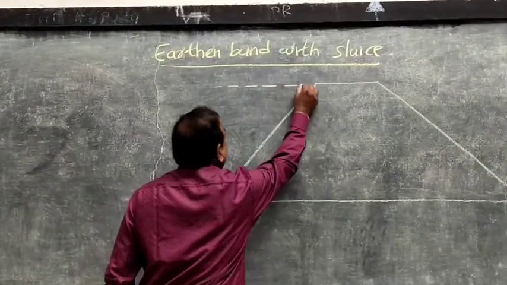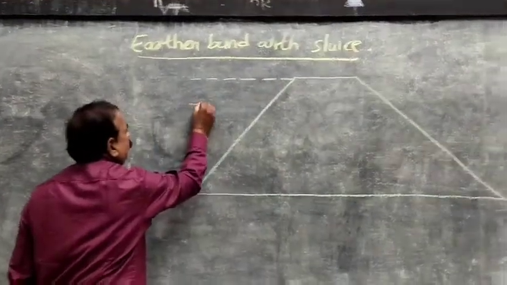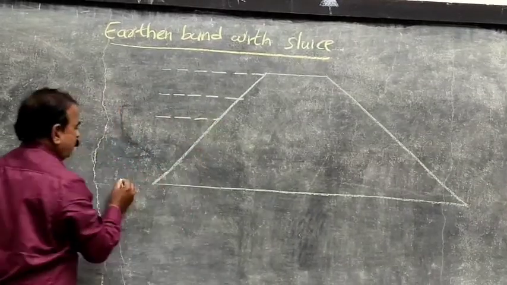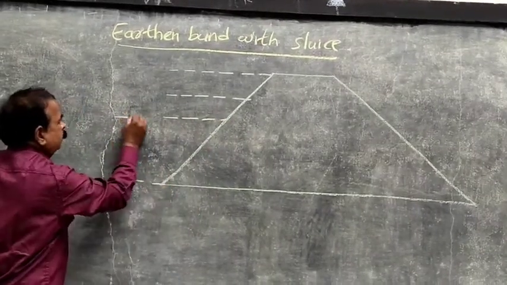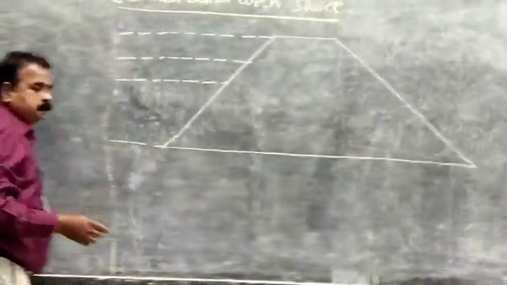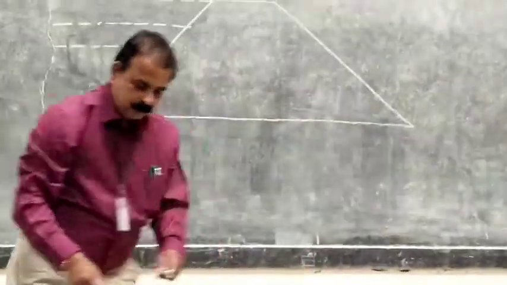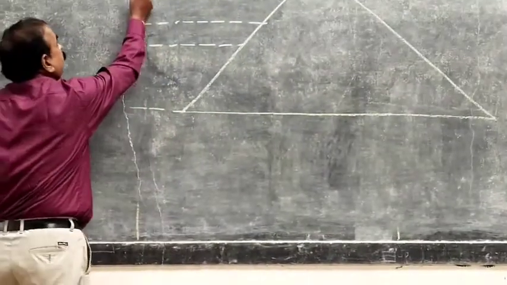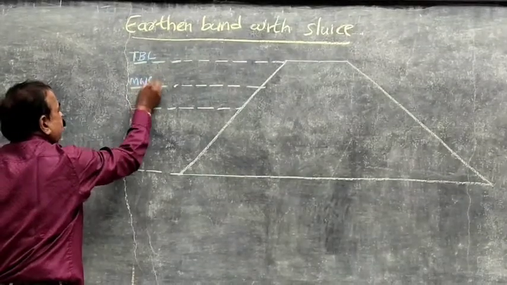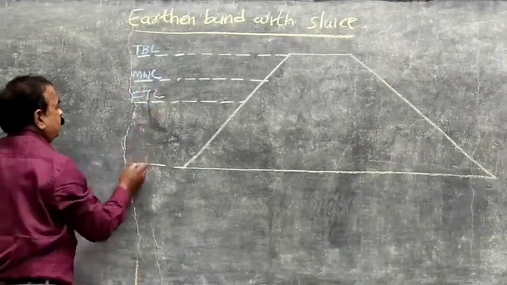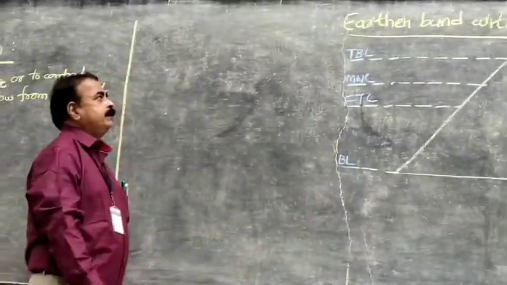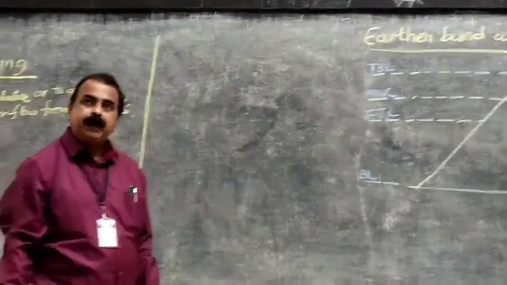So this will be bottom level, maximum water level, full tank level, bed level. I will write TBL, MWL, FTL, bed. 4 important RLs for any drawing in irrigation.